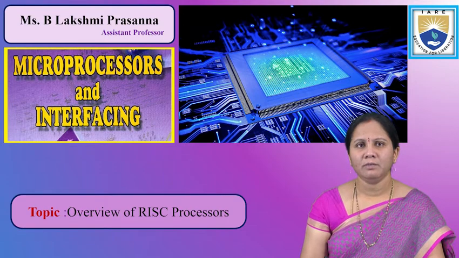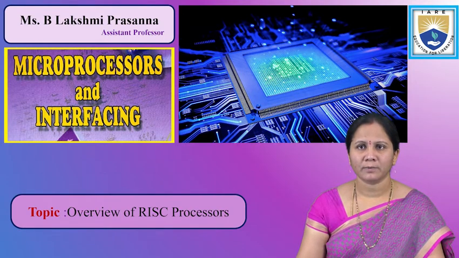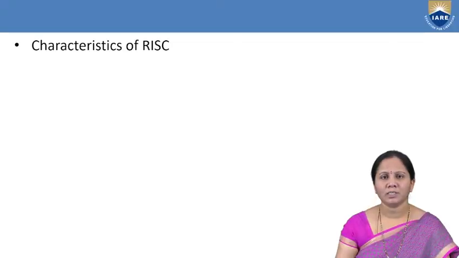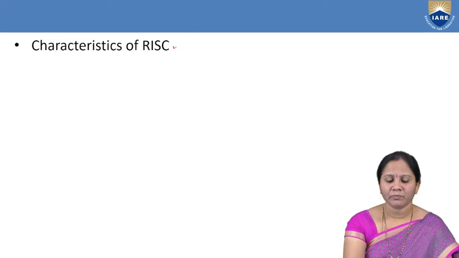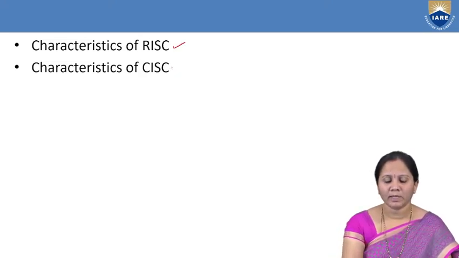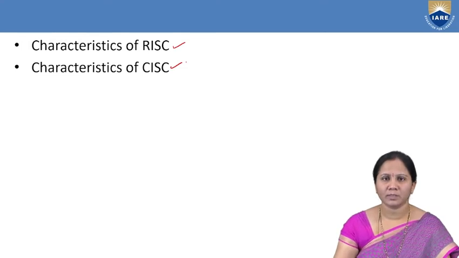In this session, we will discuss the overview of RISC processor. Before going to the detailed discussion, some of the subtopics we will cover are the characteristics of RISC processor and also the characteristics of CISC processor.